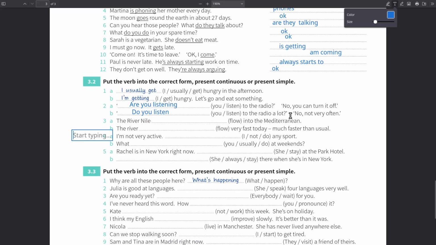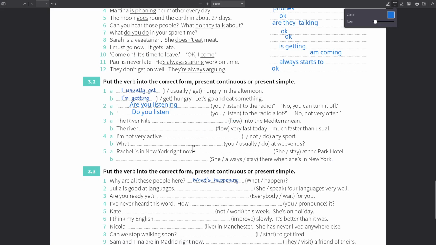That's why you say you can turn it off. But look at the other one. Do you listen to the radio a lot? It's more a question about whether you usually do that activity. In this case, listen to the radio a lot, not very often, right?